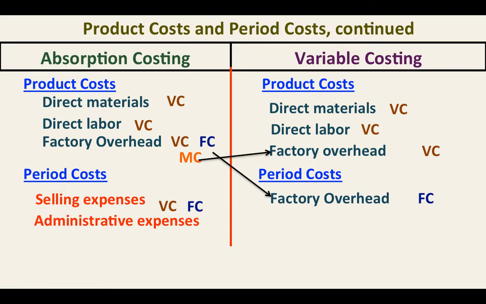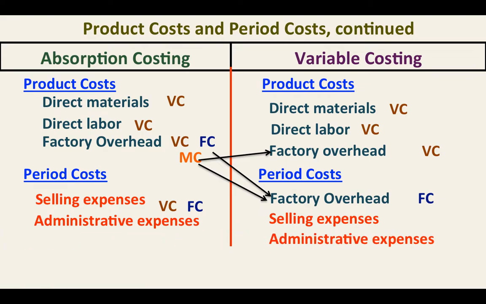So, yung mixed cost na variable mapupunta sa product cost at yung fixed cost component mapupunta sa period cost. And we are going to include selling expenses and admin expenses, both variable and fixed, as period cost.